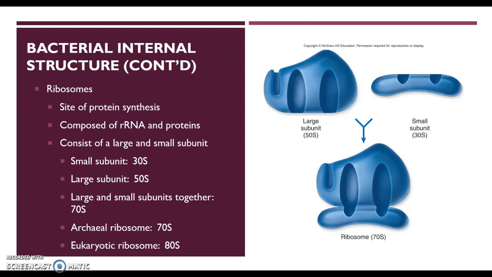They are composed of a 50S subunit and a 30S subunit, which ends up totaling 70S. I know 50 and 30 is 80, but somehow when you combine them, it ends up with this total measured unit of 70S, whereas eukaryotic ribosomes are 80S, and it's a 60S unit and a 40S unit, if I recall correctly. Archaeal ribosomes are also 70S. However, their ribosomal RNA and their subunit components are more similar to eukaryotic ribosomes than bacterial ribosomes.